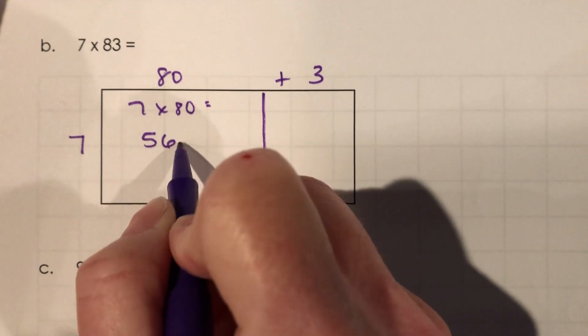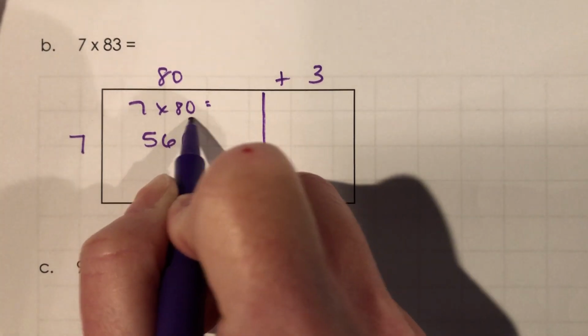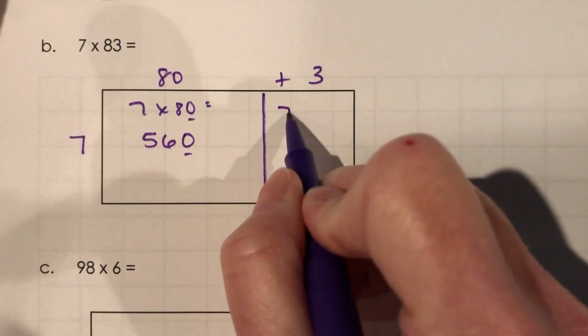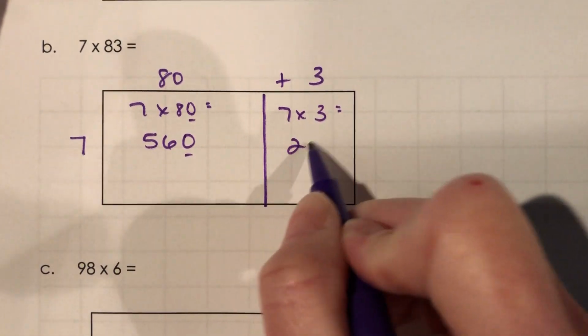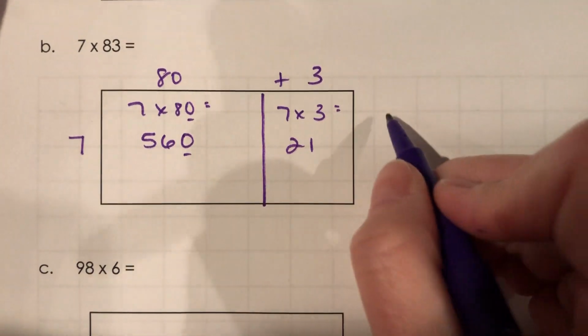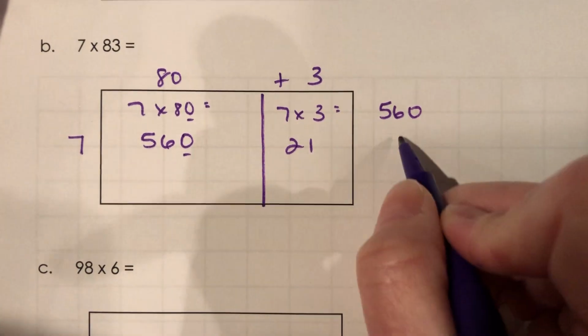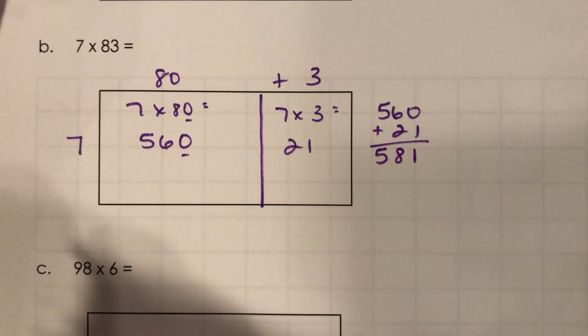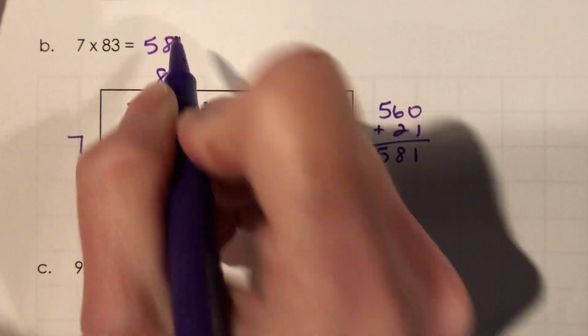That means that 7 times 80 would be 560. The area of this piece would be 7 by 3, and 7 times 3 is 21. So in order to find the area of the whole thing, the answer to this multiplication problem, I would add the area of each piece together to get an answer of 581. So you should have 581 for that.